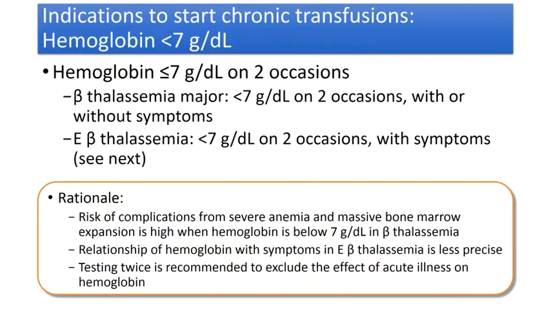The rationale is that in beta thalassemia major, it is well established that once the hemoglobin levels fall below 7 in young children, there is going to be a massive bone marrow expansion, and there will be severe symptoms from anemia. But the relationship of hemoglobin with symptoms in E beta thalassemia is less precise due to reasons previously mentioned. The other thing is that we recommend testing the hemoglobin twice, just to exclude the effect of an acute illness on the anemia.